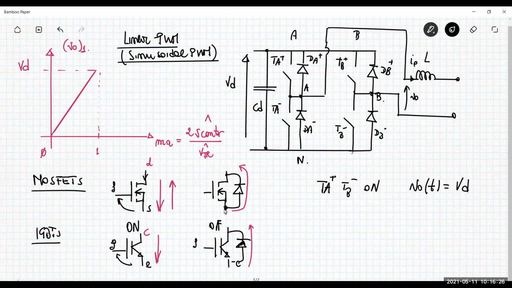Which device conducts the current depends on the direction of the current.